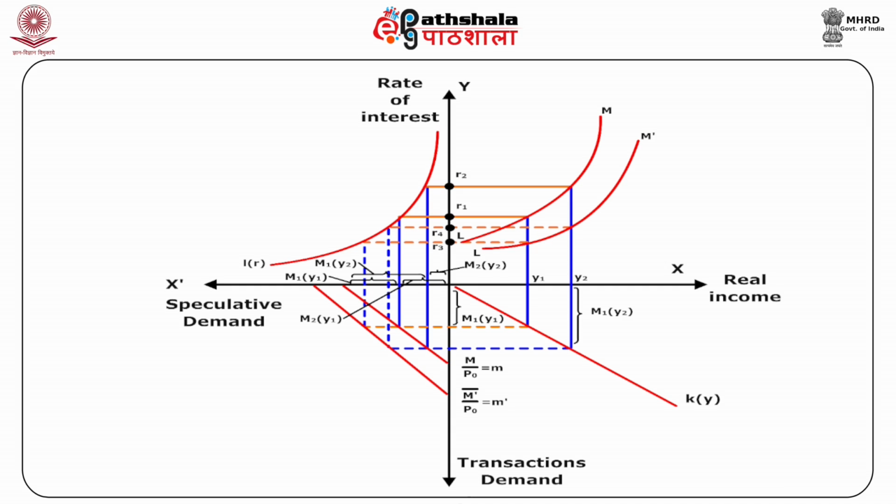Therefore, if nominal money supply increases, the new LM function expands, and the same effect would be there if the price level falls, because real money supply would rise either if nominal money supply increases or if the price level falls.